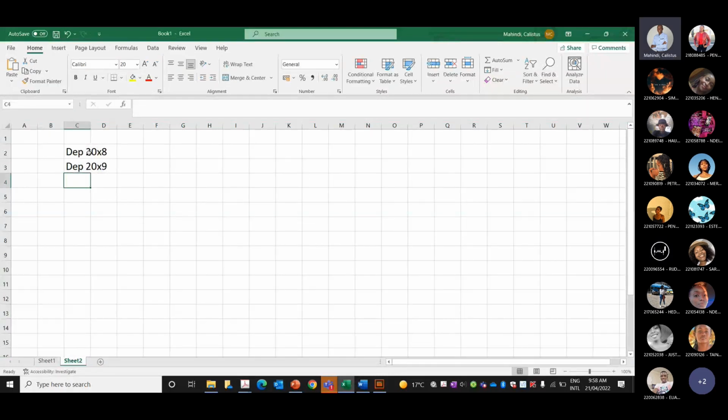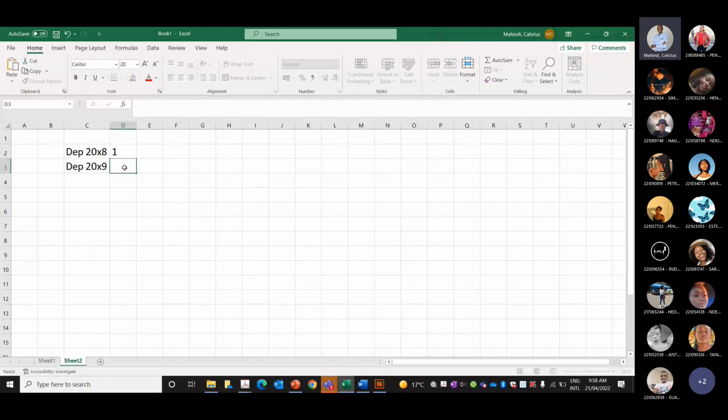So 20X8 is 1 year, 20X9 is another year. So in total, how many years will we calculate depreciation for? That is how we get 2 years. Are we okay there now?